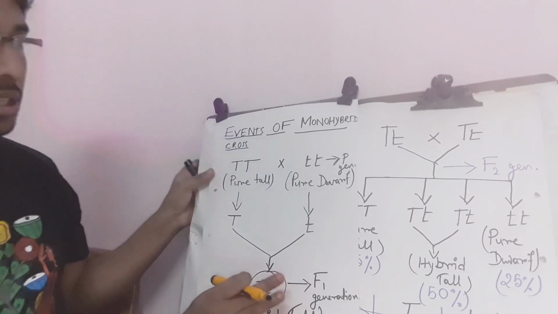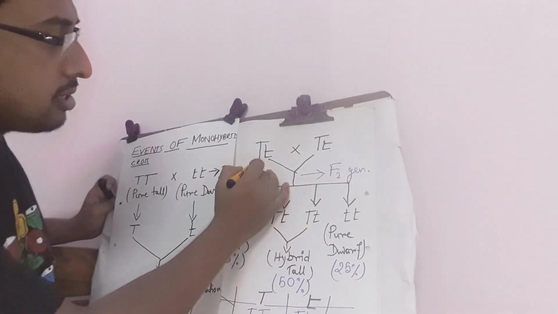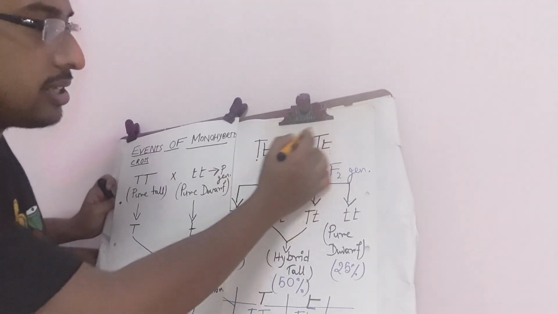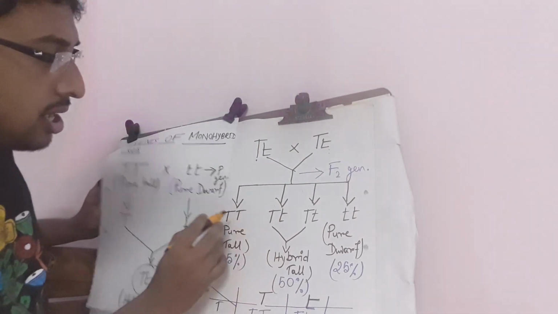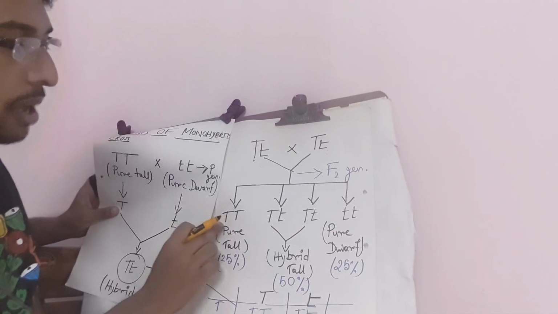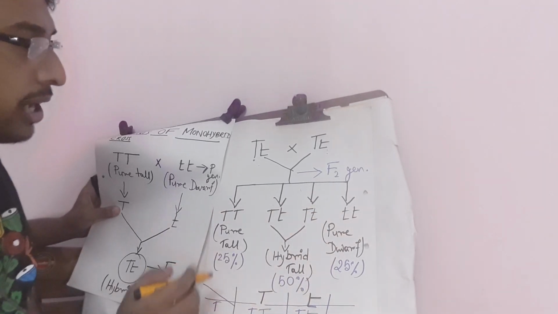Now F2 generation. What about F2 generation? Look at here. In F2 generation, capital T, small t means the product of F1 generation, they are crossing. That is self-fertilization. When they are crossing in F2 generation, they will form the gametes capital T, capital T, capital T, small t, capital T, small t, small t, small t. Why?